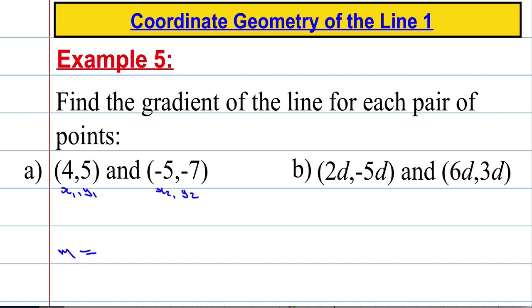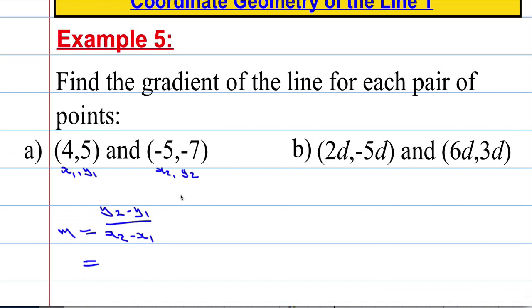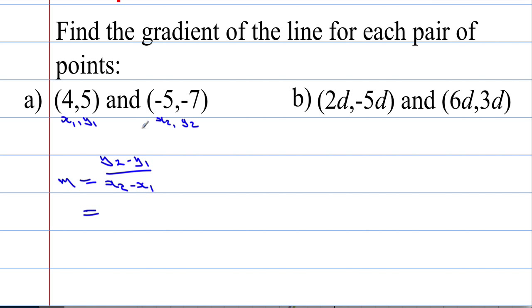And a good way to remember the formula is always to write down the formula first. So y2 minus y1 over x2 minus x1. So that means that m equals, and what we're going to do now is substitute the values in. So y2 is negative 7.